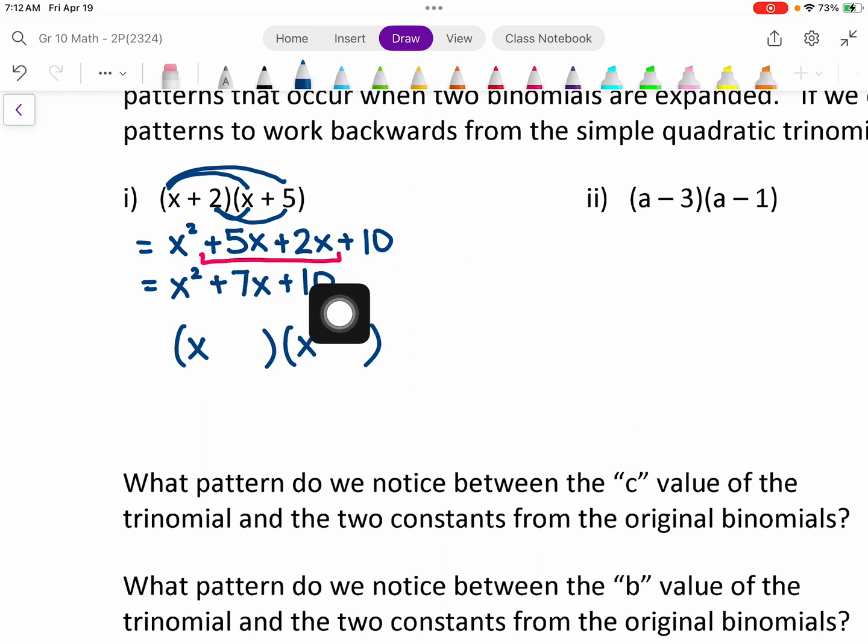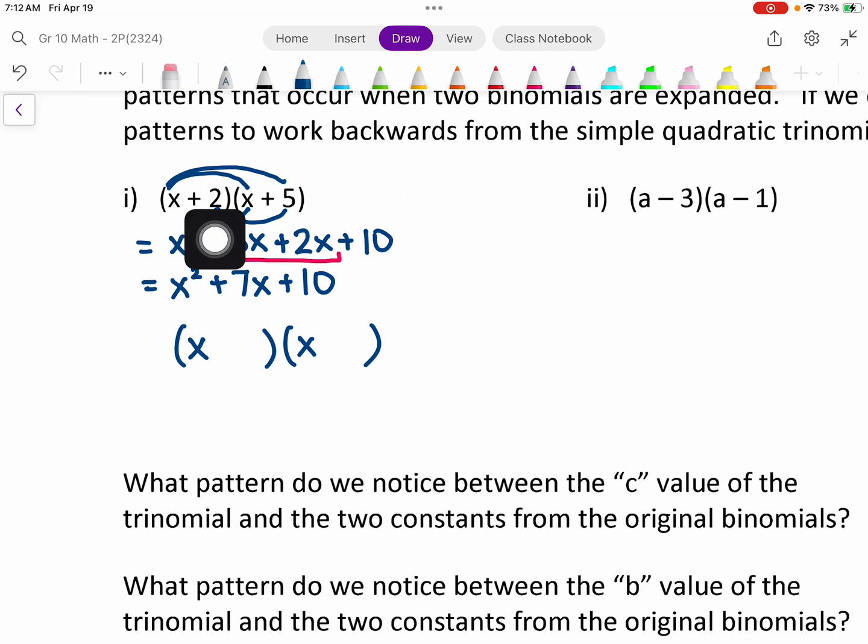If I look at this line, this number is still 10. This just comes from the last two terms in each binomial, or the two numbers, and they multiply to 10. So whatever this last number is, these two numbers multiply to it. Over here, because we have a number times a 1x, we're going to end up with that number in x.